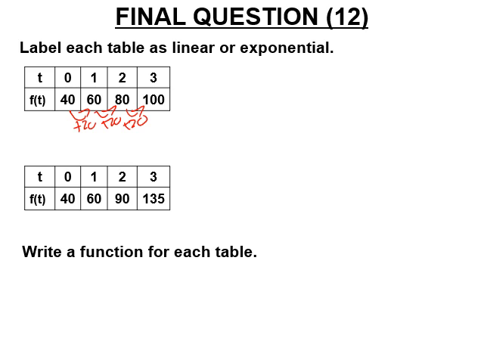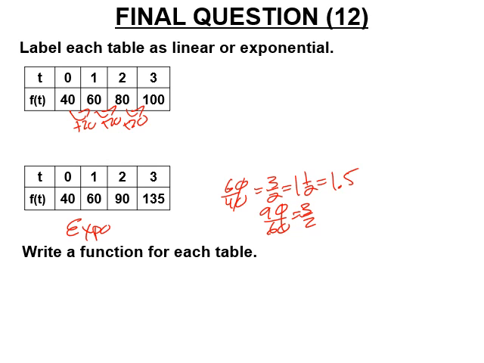This one, we are doing 60 over 40, or 6/4, which is 3/2, which is 1.5, which is 150%. And if you want to check some of the other ones, yes, that also makes 3/2 and so on. So this one is exponential, right? It's going up at a constant ratio.